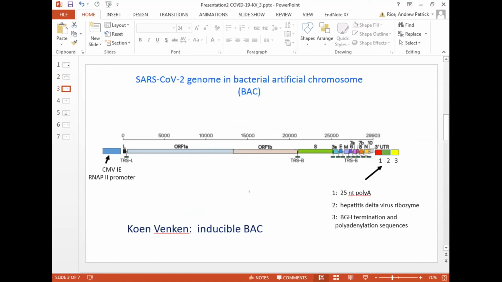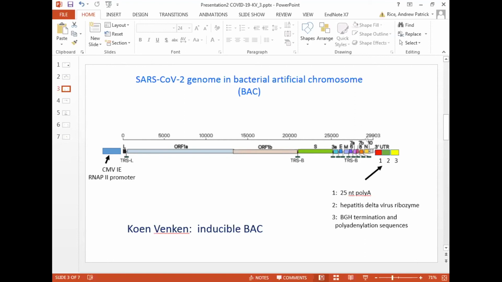My expertise is virology, and Koen's is the construction of synthetic DNA, large genetic elements. To make the reverse genetics, one would clone the entire genome in a bacterial artificial chromosome because of the length of the genome. Then one can transfect this into mammalian cells. In the back, one would have the CMV promoter that allows RNA polymerase to initiate transcription.